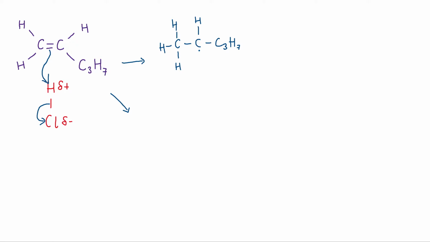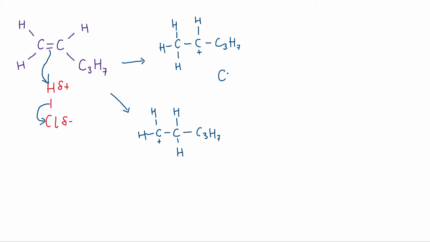Okay, and that means our carbocation is on this carbon here. Or we can have it the other way around, where the hydrogen bonds to this carbon here, and we have our carbocation on this first carbon. Okay, so there's 2 possible things that can happen. Each of these leads to a different product.